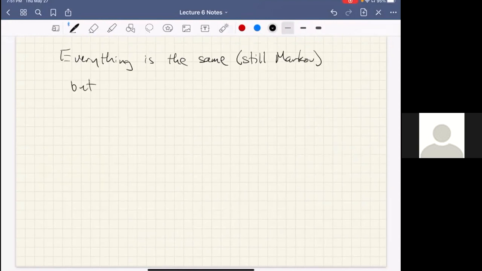But the increments are distributed as follows. Now, if you think about it, I'm going to write what we had before, and then I'm going to erase it. So just fair warning. This is what we had before. It was mean 0 and variance sigma squared (T2 minus T1).